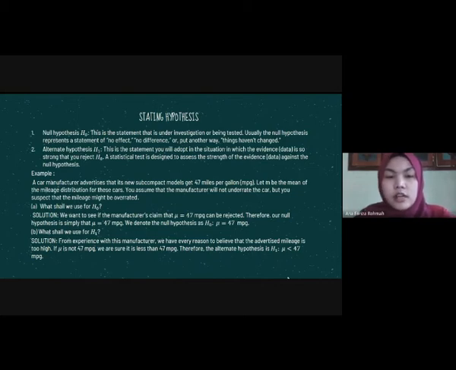And the alternate hypothesis we want to prove is that the manufacturer's statement is wrong. If mu is not 47 miles per gallon, we are sure it is less than 47 miles per gallon. Therefore, the alternate hypothesis is mu less than 47. So we want to prove that the statement is not true, so it is rejected. So we have the null hypothesis and the alternate hypothesis.